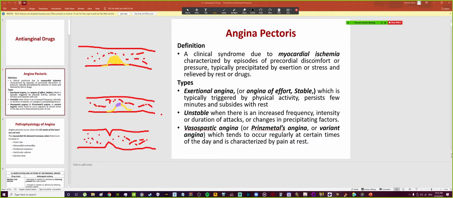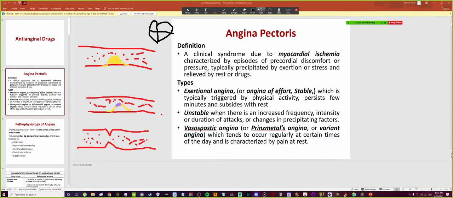Usually angina pectoris comes as a result of something blocking the coronary artery. So let's say, for example, this is your heart. Whenever your heart increases its heart rate, its contractility, whenever there's an increase in the diastolic ventricular volume, whenever there's any scenario in which your heart is going to need increased consumption of oxygen.